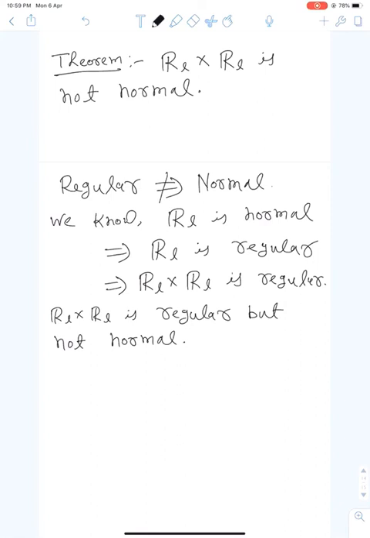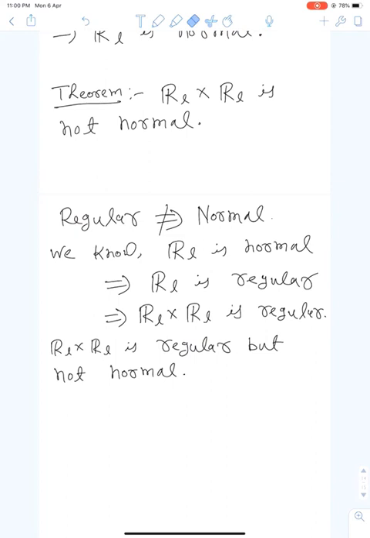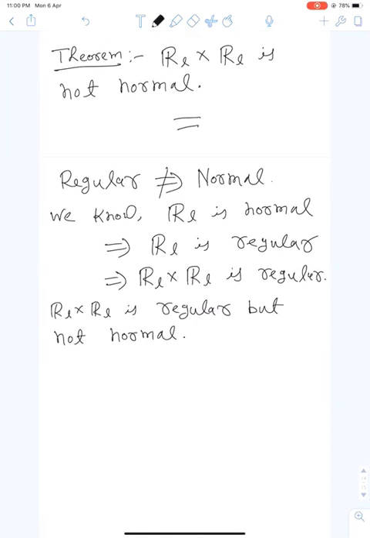But that type of result is not true for the normal cases. That means a subspace of a normal topological space may not be normal, and a product of two normal spaces may not be normal. This is one example, that is R_l cross R_l is not normal, because we know that R_l is normal, but R_l cross R_l is not normal.